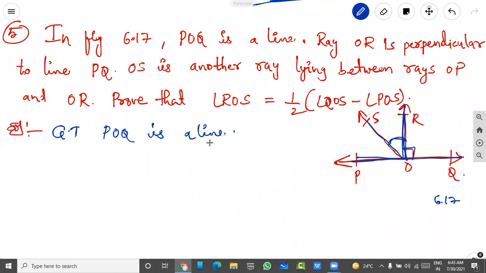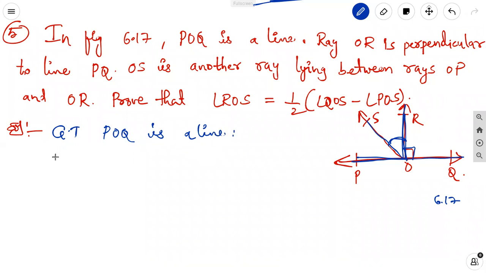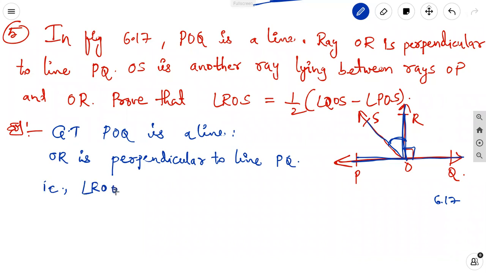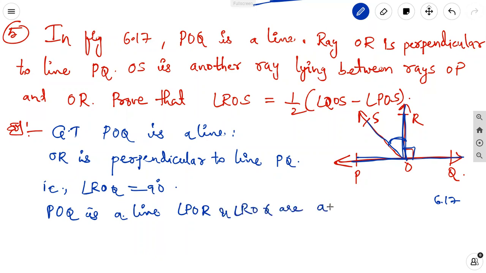Given that PQ is a line, OR is perpendicular to line PQ. That is nothing but angle ROQ equal to 90 degrees. And from this, POQ is a line, so angle POR and angle ROQ are adjacent angles.